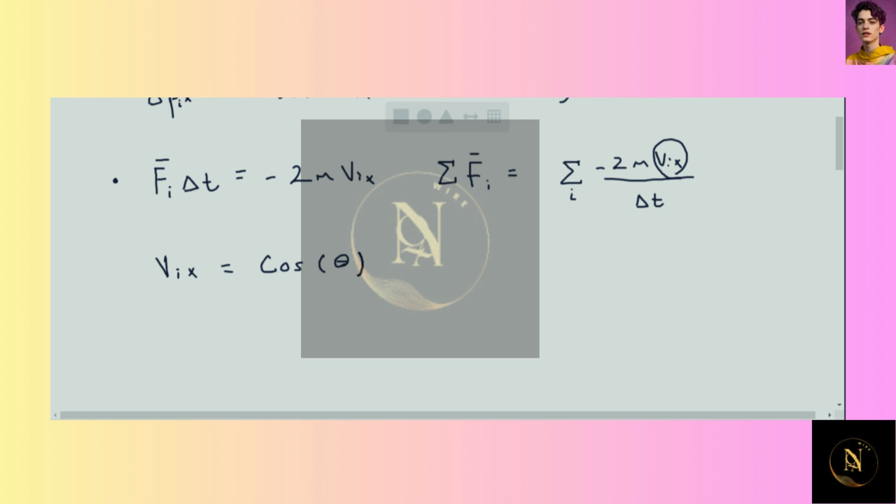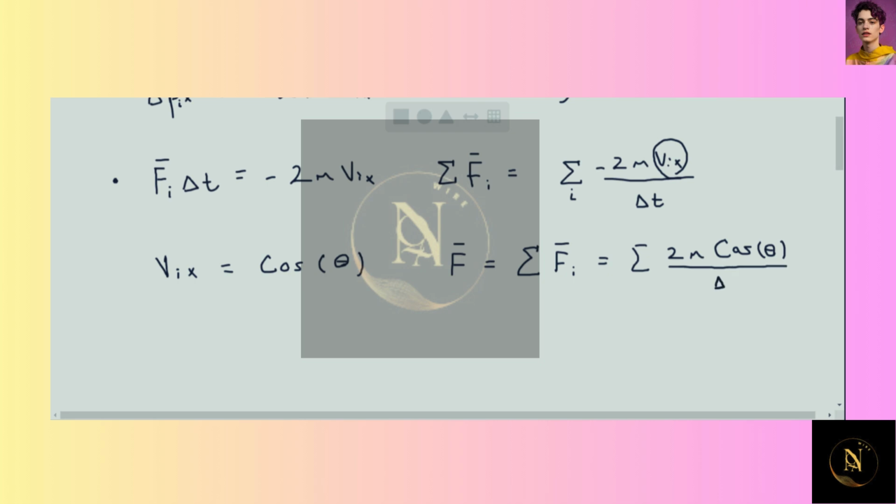And we're assuming that to be the same for all molecules here. So there's no variation. All right, so what we should have is that the average force is equal to the sum of all these average forces for the individual molecules, which is the sum of 2 m v cosine theta over delta t.